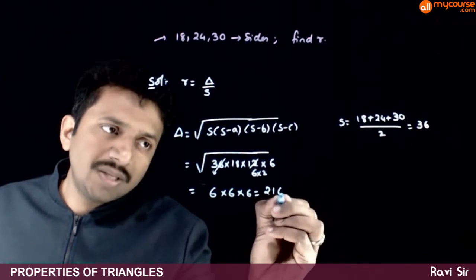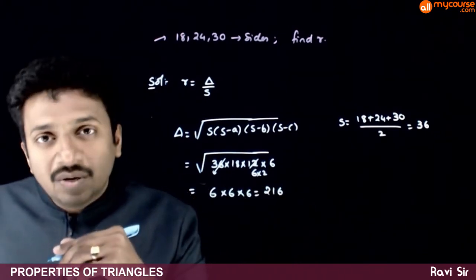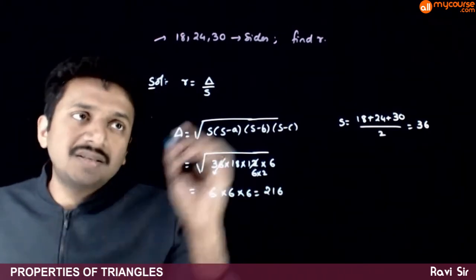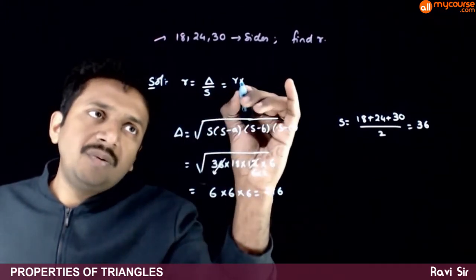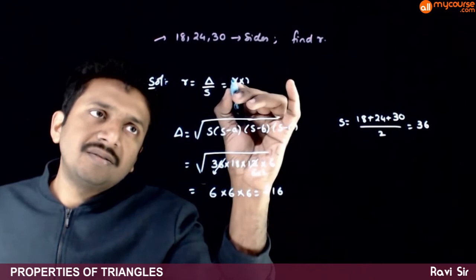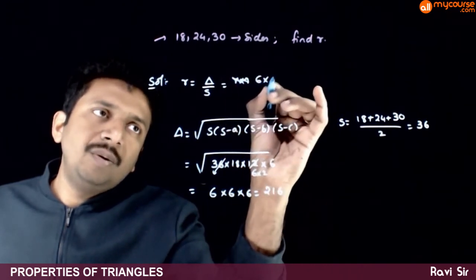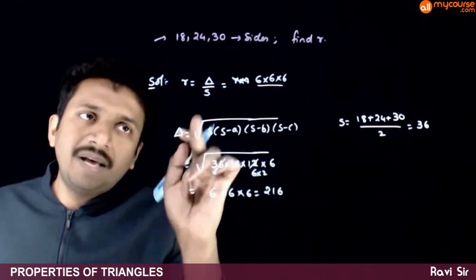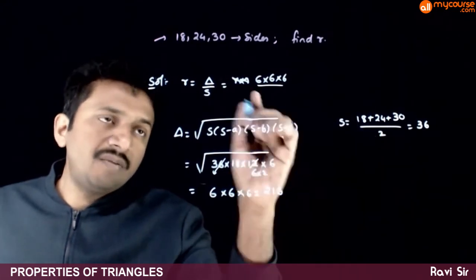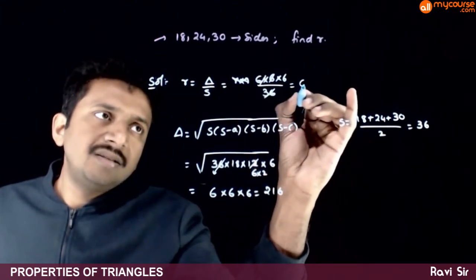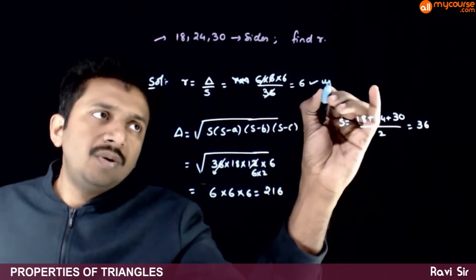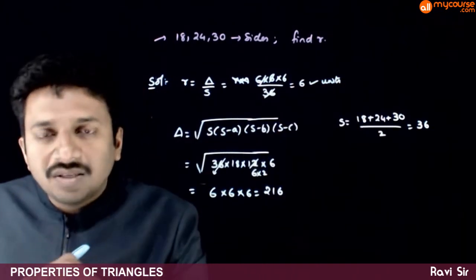That is equal to 216. So delta is equal to 216 or 6 into 6 into 6. So the value of small r is equal to delta, which is 6 into 6 into 6 divided by S, the semi-perimeter, which is 36. So 2 sixes get cancelled. So 6 units is the right answer to this question.